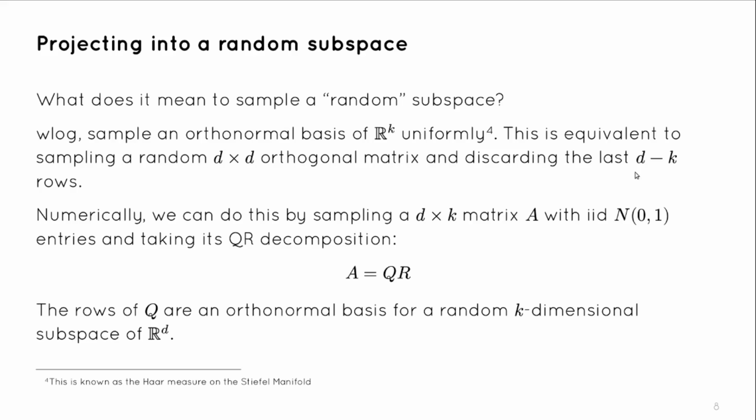Numerically, we can do that by sampling a d times k matrix A with independent standard Gaussian entries, and then we take the QR decomposition of that matrix. Then there's a nice theorem, I think Bartlett's decomposition theorem, that says that the rows of Q are an orthogonal basis of a random k-dimensional subspace of R^d. And then we can just take the transpose, and that works out.